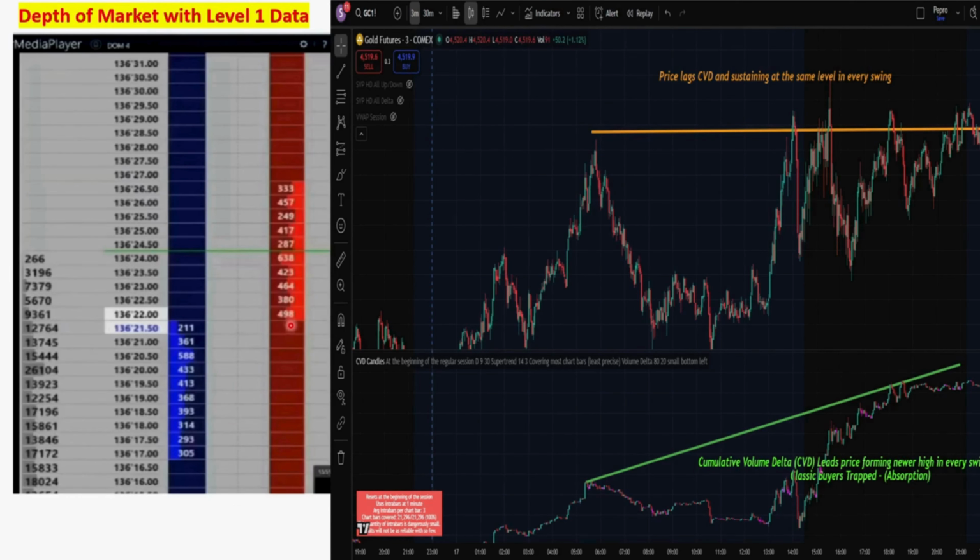I chose this asset class because it's more stable and easier to explain compared to something like E-mini S&P, which can be very volatile. For instance, at the current price level of 136.22, there are about 498 passive sell orders in the limit order book, and at 136.2150 there are about 211 passive buy orders initially.